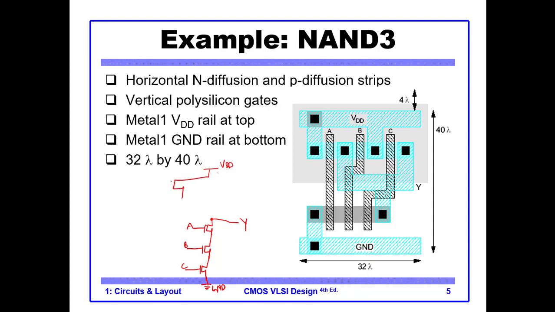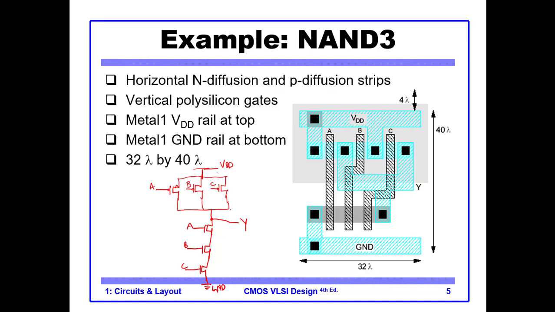We have this PMOS: this is the first PMOS, this is the second PMOS, this is the third PMOS, with inputs A, B, C. They are all connected to VCC, and they are all shorted together at our point of output. So this is our CMOS static circuit.